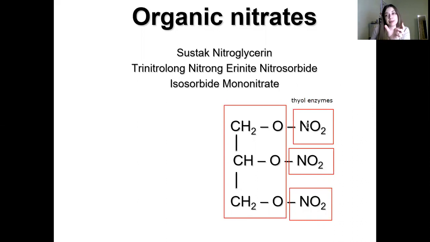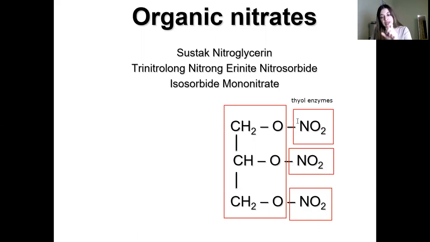So, detaching of NO from this is the essential part of the mechanism, guys. So if we don't have enough thiol enzymes in our endothelium, we don't have the effect of nitrates. Okay, please remember that. It is very important.